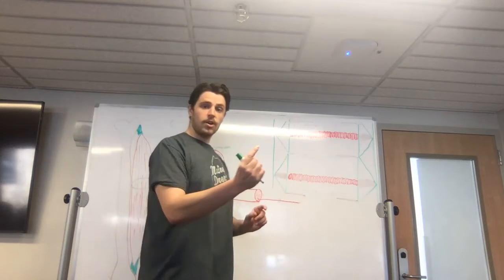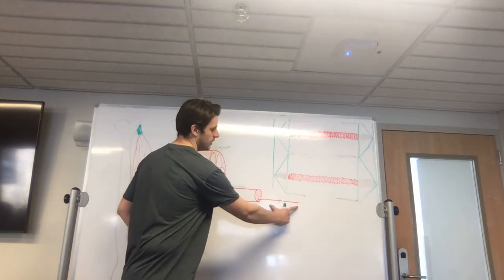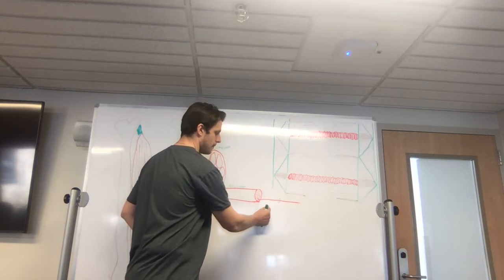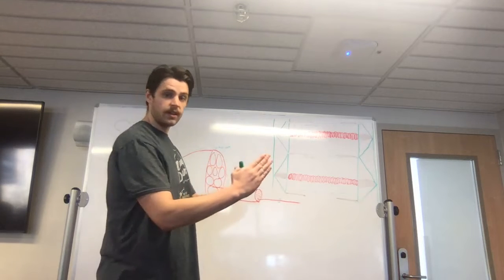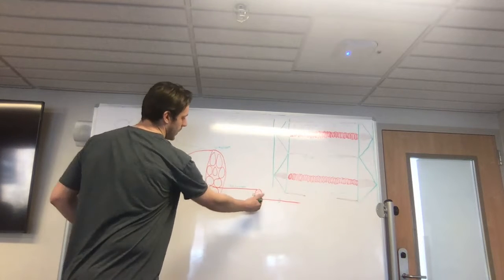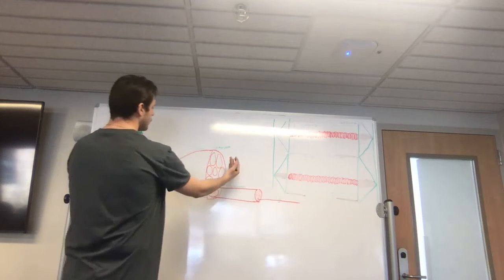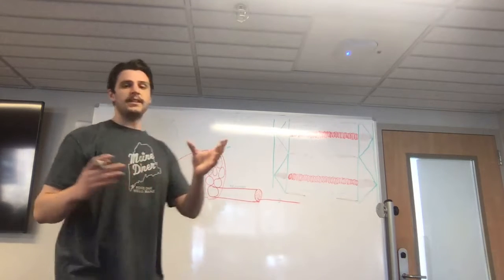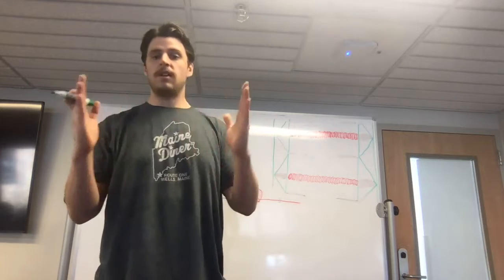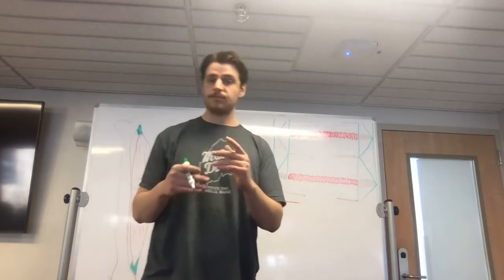So every sarcomere inside this one muscle fiber is being shortened, every muscle fiber inside the fascicle is being shortened, and every fascicle is being shortened. So that creates the noticeable contraction.